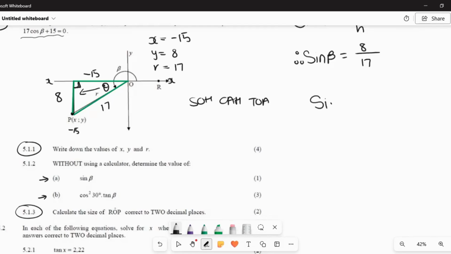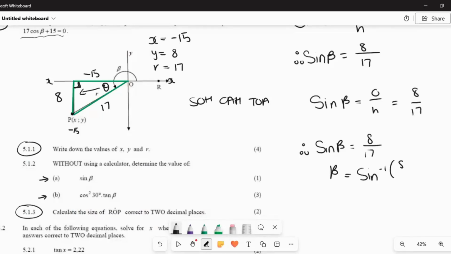So we can say sine beta is equal to our opposite over hypotenuse, which in this case, our opposite is 8 over 17, right? So let's just write it neatly. We have sine beta is equal to 8 over 17. Then we're going to take sine inverse of 8 over 17.